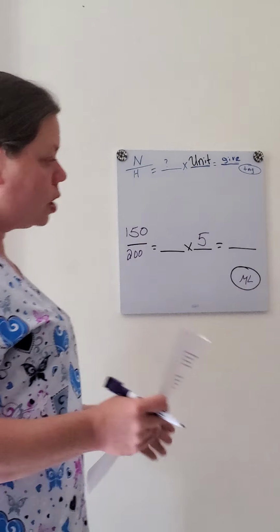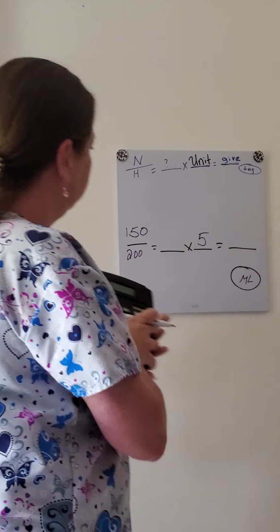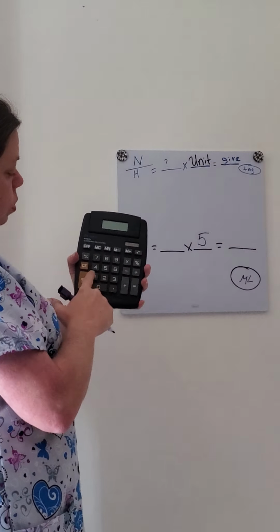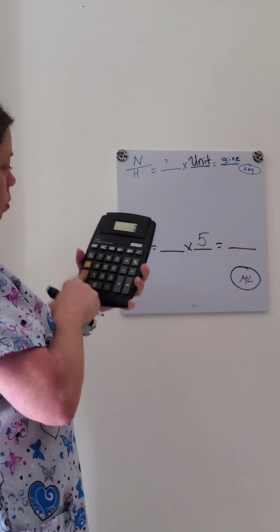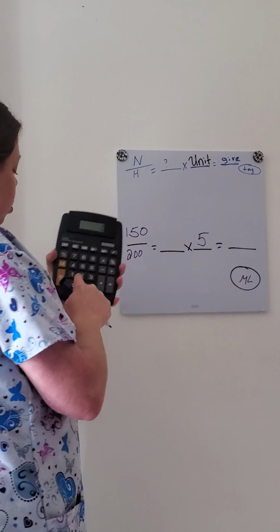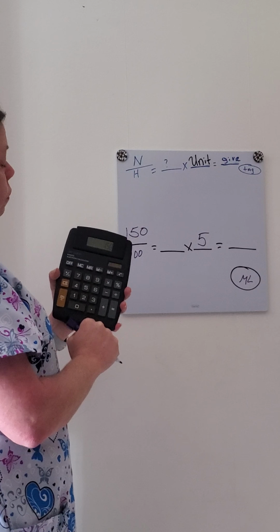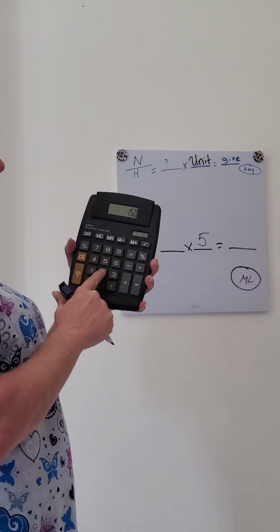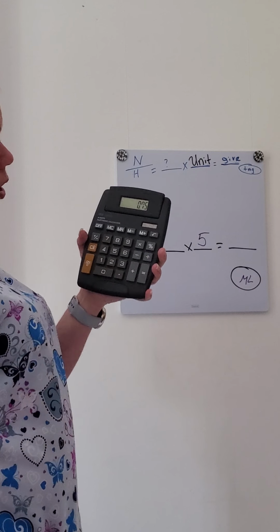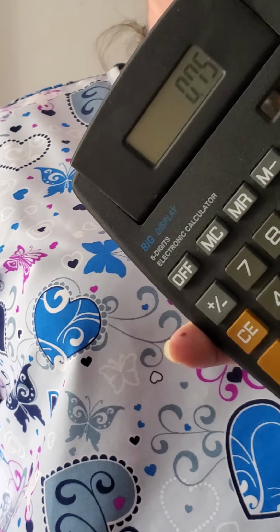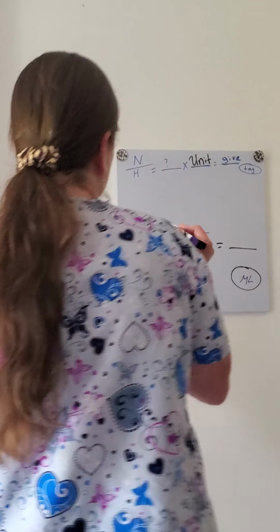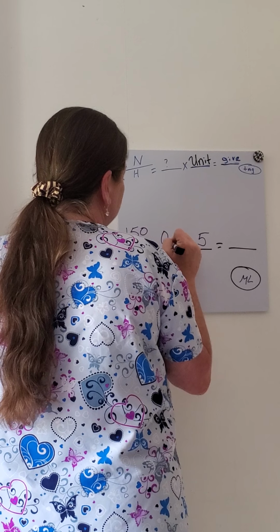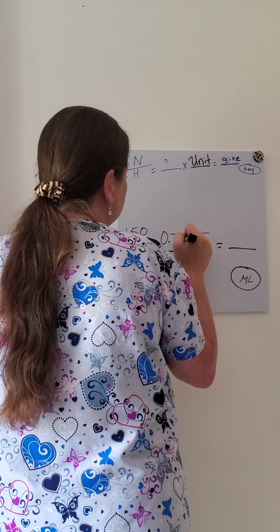So we're going to do the math the same way. Take your calculator, turn it on first. Put your top number in first, 150. Divide that by the 200. That gives you 0.75.